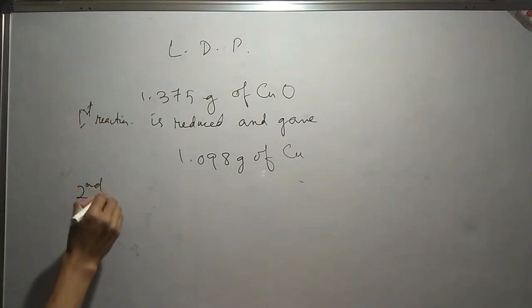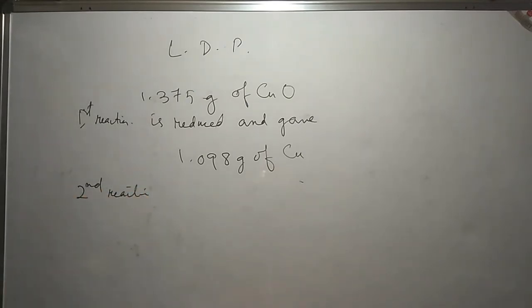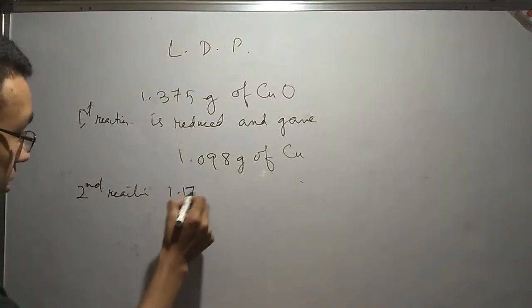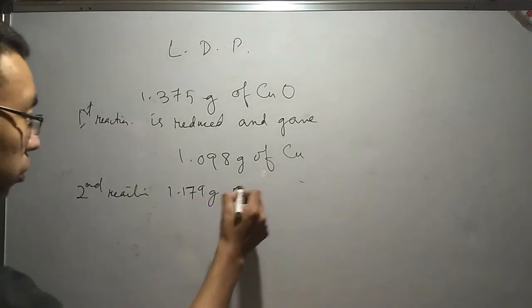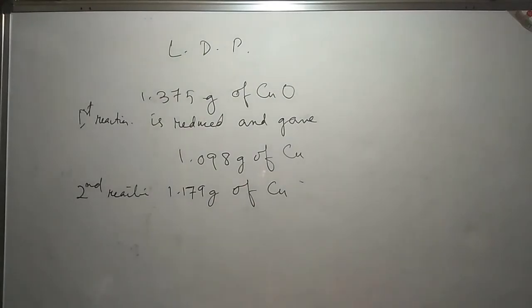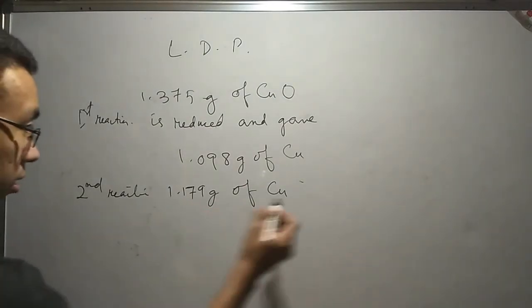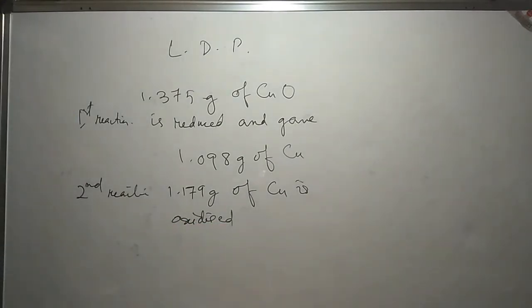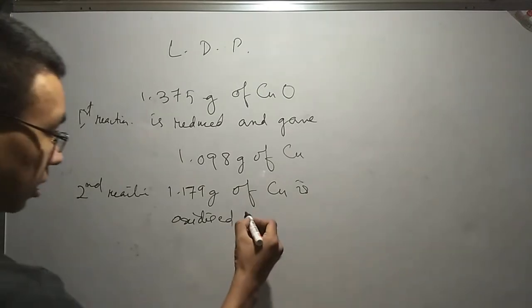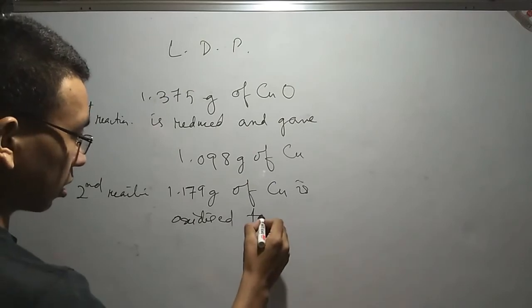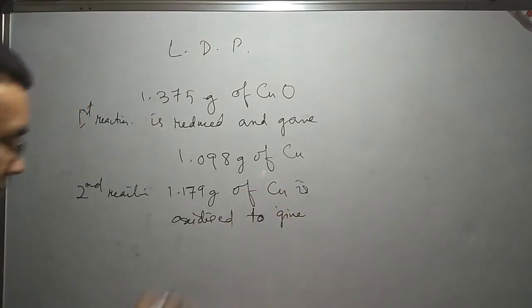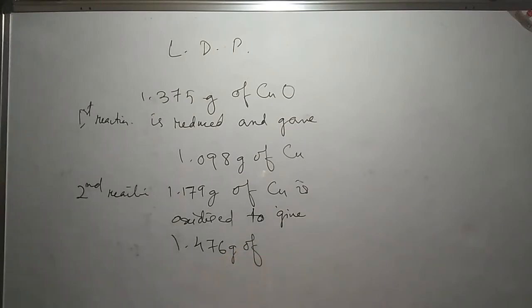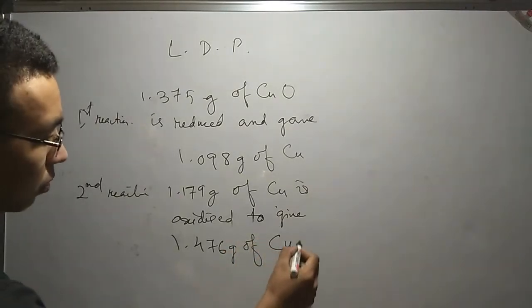In the second reaction, 1.179 gram of copper is oxidized to form cupric oxide, to give 1.476 gram of cupric oxide.